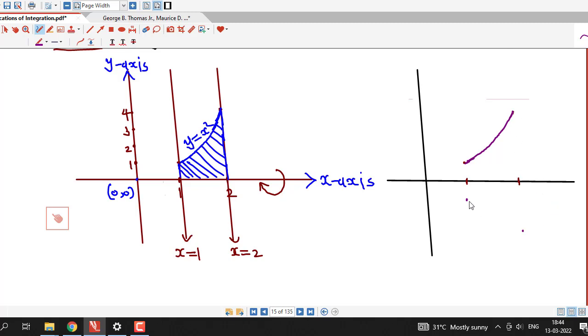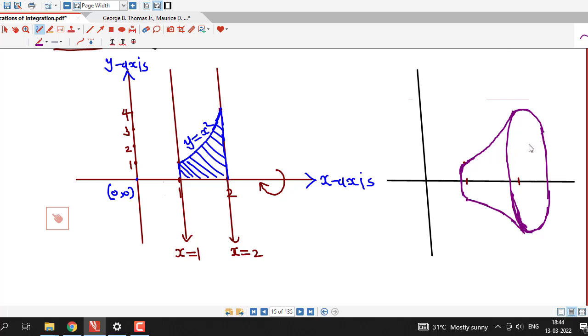It will look like mirror image about x-axis, or reflection of this curve about x-axis, and then we will have solid which will look like this. We can roughly sketch the shape of this solid which will be generated by revolving this parabola about x-axis. So this is circular part, and it will look like this.